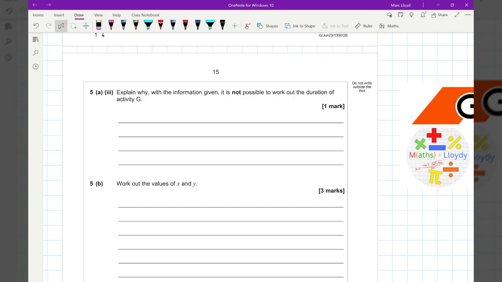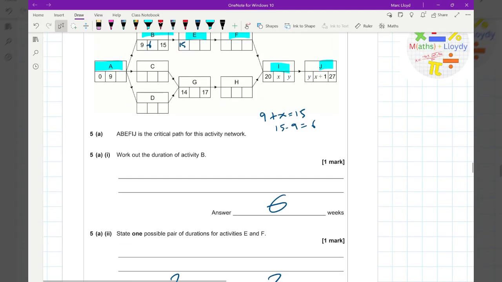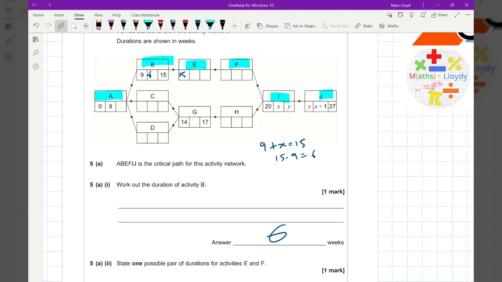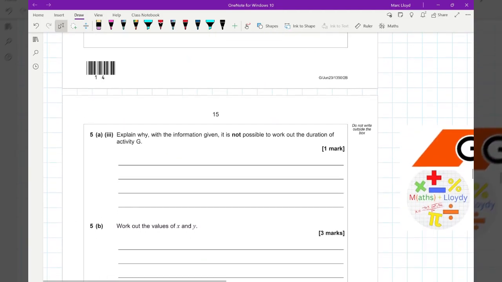Explain why, with the information given, it is not possible to work out the duration of activity G. I think it is going to be something to do with the critical path.